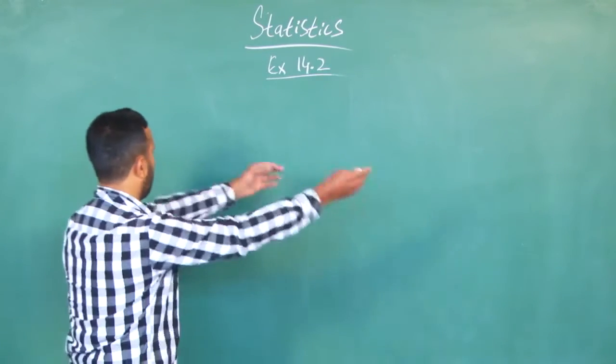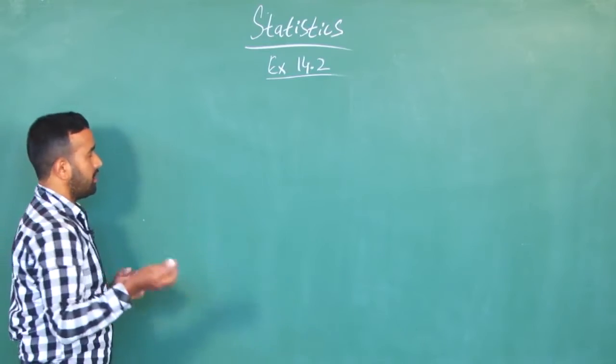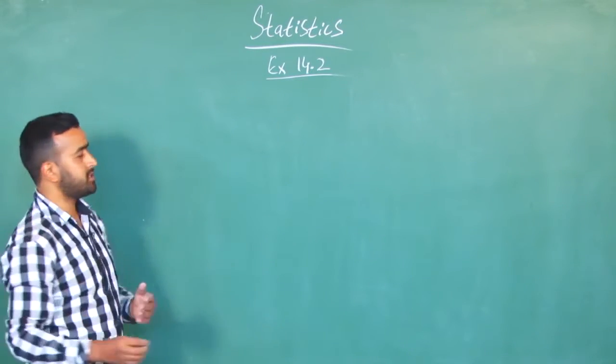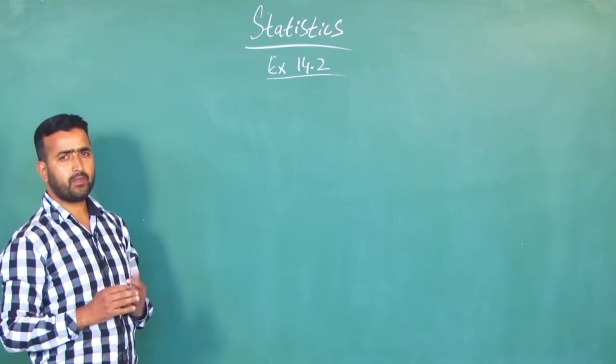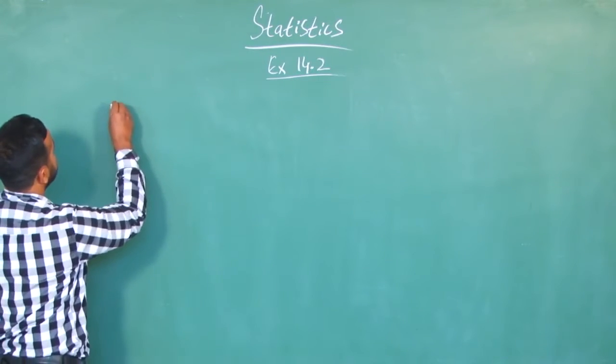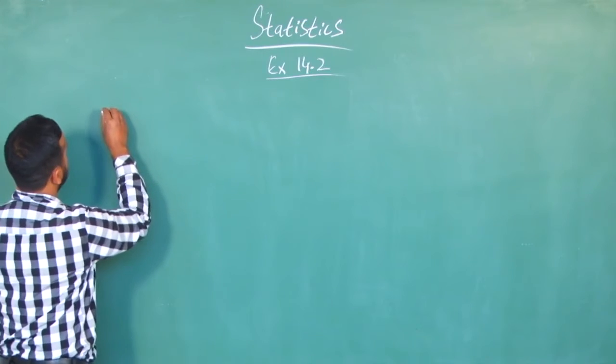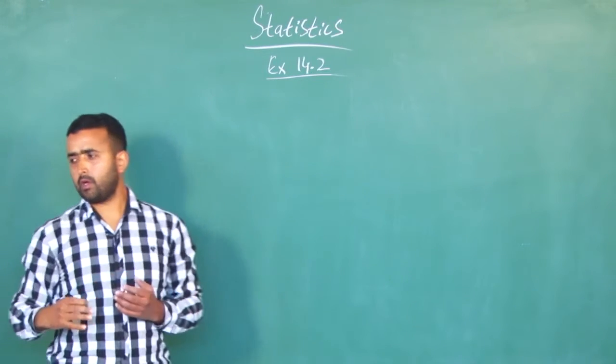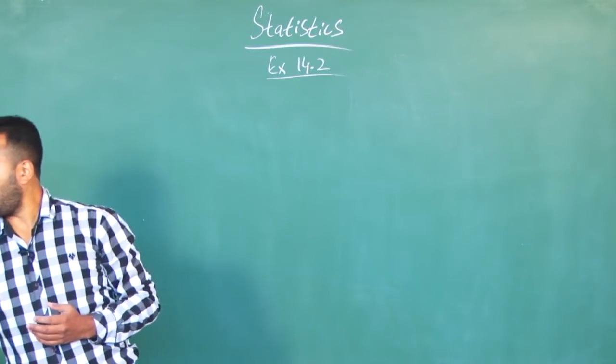Let us take a few values. In our class, the children reside at varying distances from the school. Let the distances be in kilometers like this. Data values are. This will also clear question number 2 of our exercise.